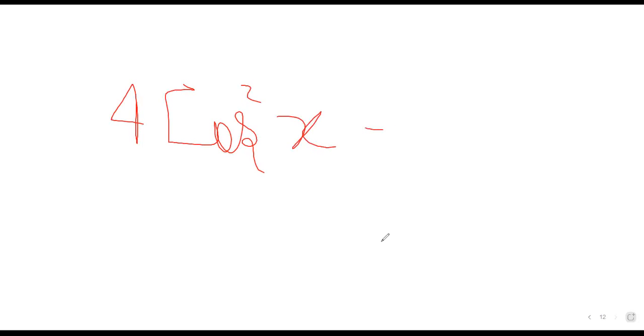Are you looking at my screen? Yes. If 4 cosine square x is equal to 1, you will have to find the value of x.